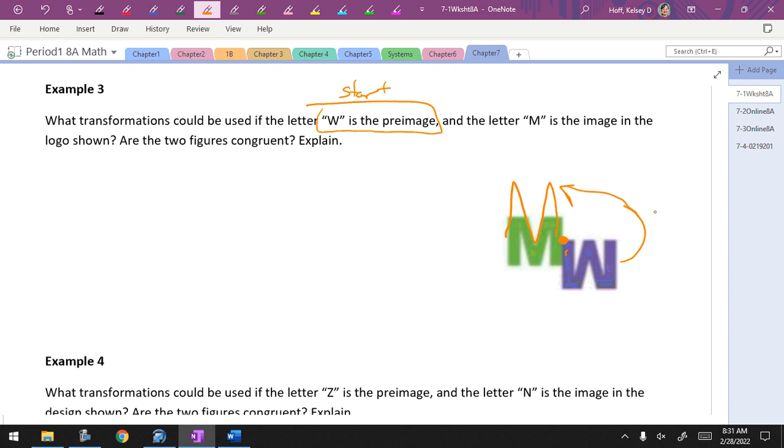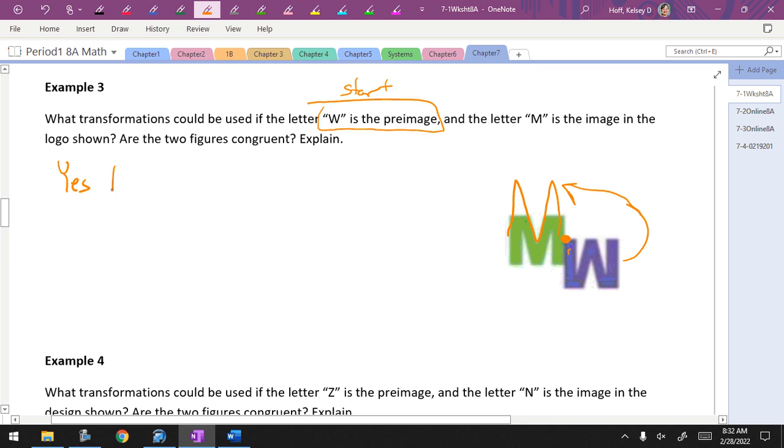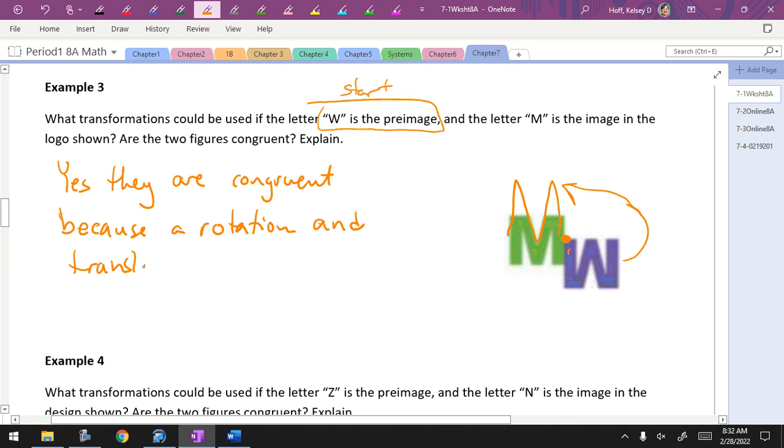Yes, they are congruent because a rotation and translation will map one onto the other.